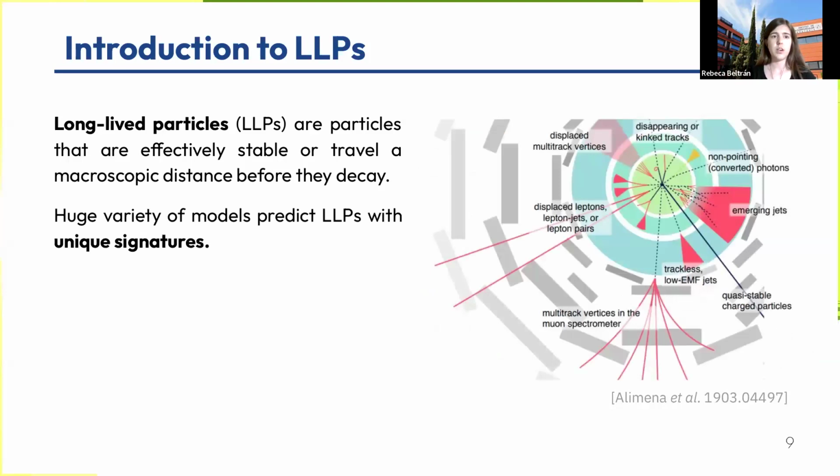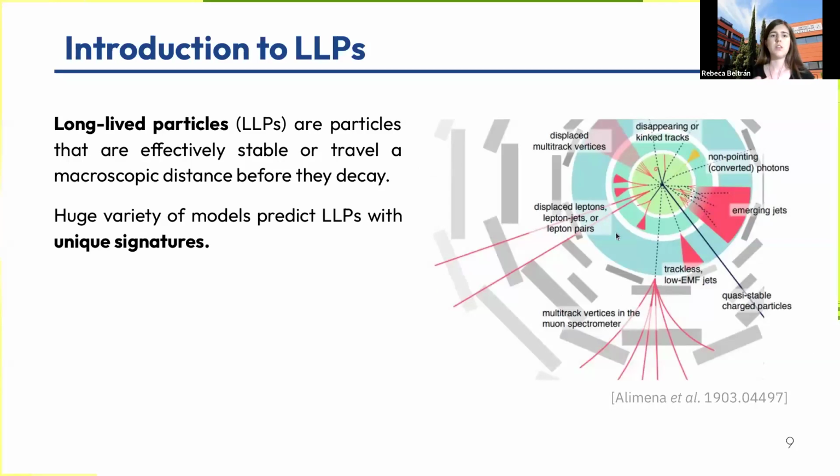beyond the standard model scenarios, especially those involving weak scale physics, there are often LLP candidates. And these BSM scenarios lead to a rich phenomenology. They lead to exotic LLP signatures, such as displaced vertices, displaced leptons, displaced jets, even non-pointing photons.